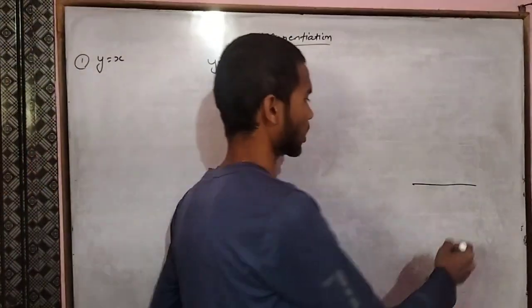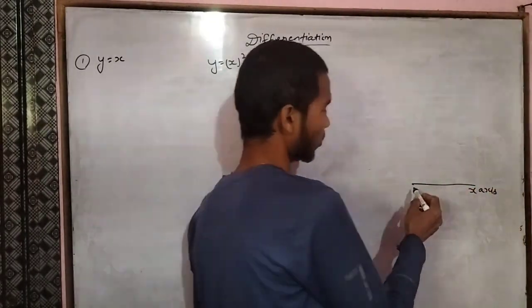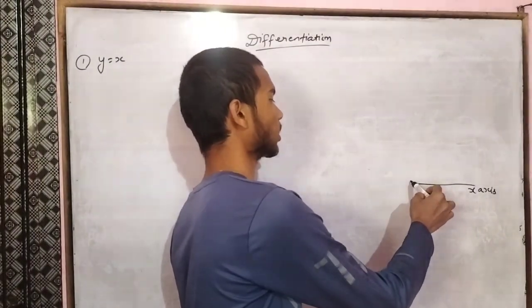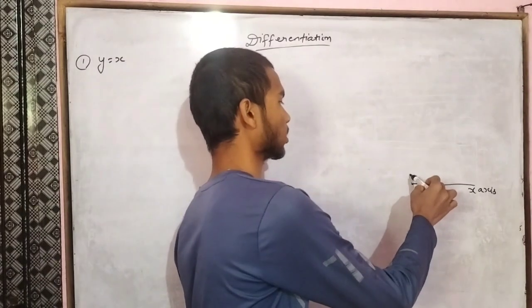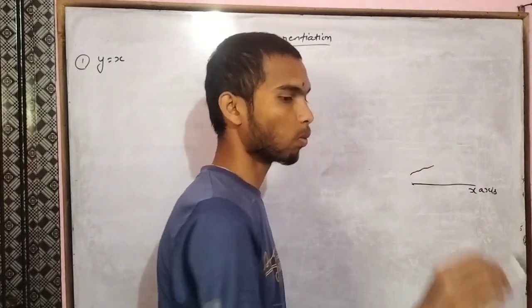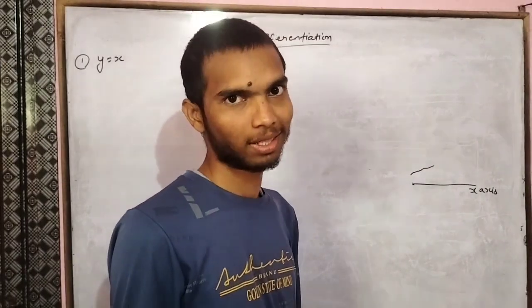For example, this is the x axis, and one object is here. As the object moves, y will move as well.